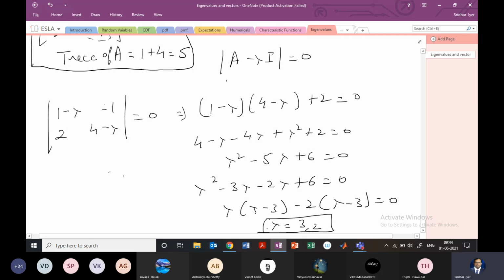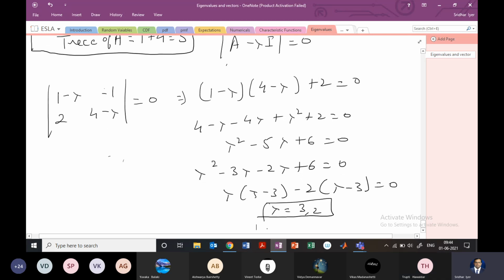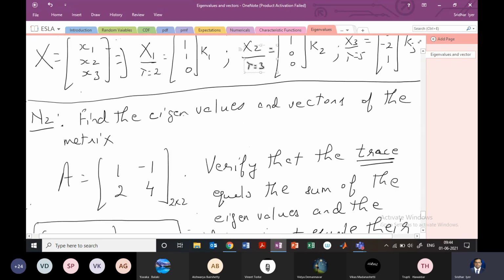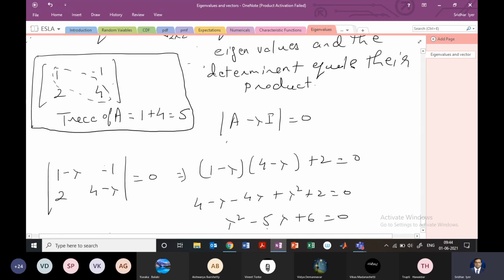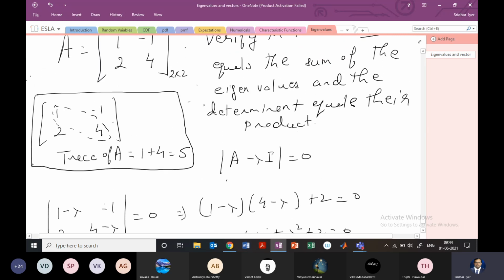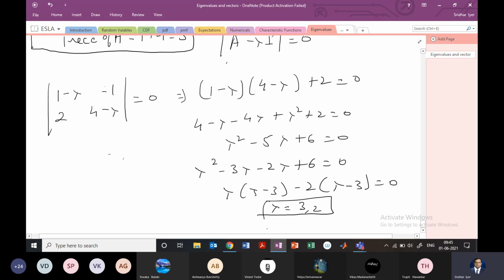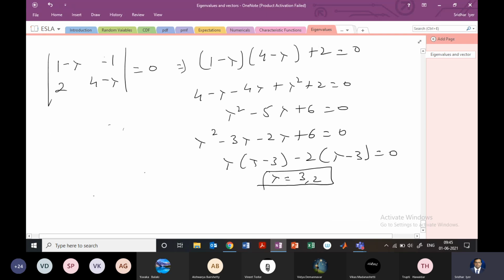Anyone getting that? Yes, sir. Okay. Anyone else getting that? Yes, sir. Okay. So the first question says verify that the trace equals the sum of the eigenvalues. We found the trace which is 5, and the eigenvalues which we have found are 3 and 2.